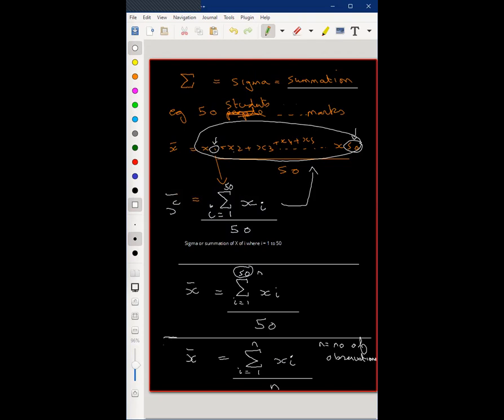So this is the formula for finding the mean of n observations for raw data. Is this clear? Please copy this down now.